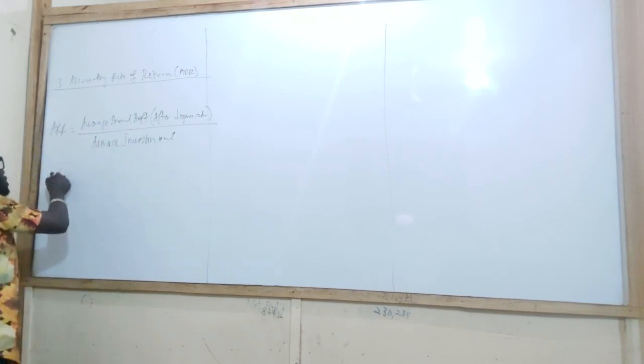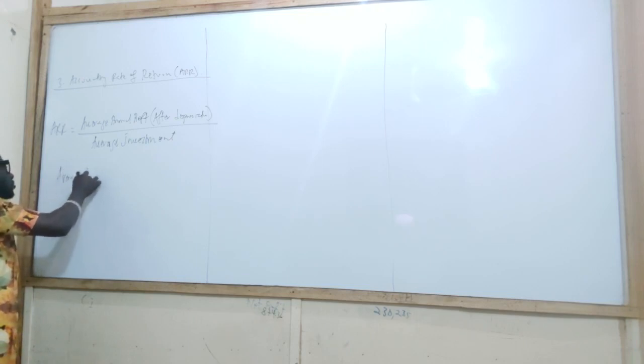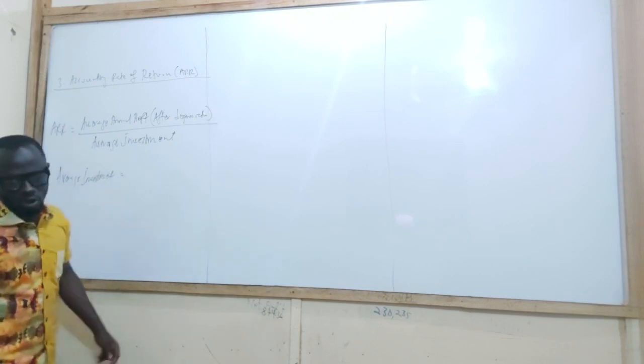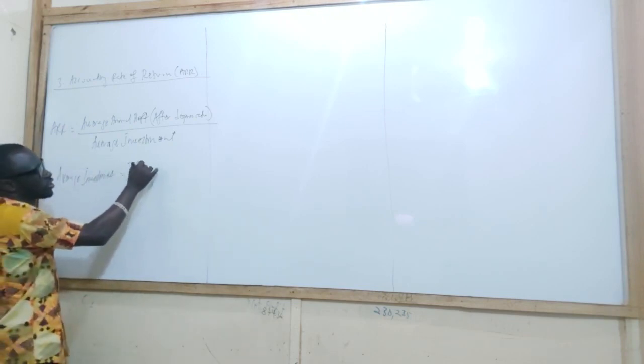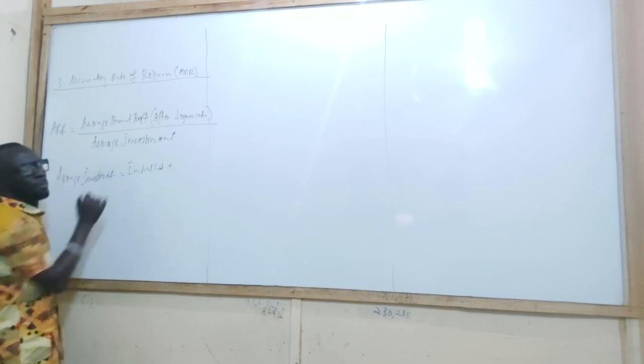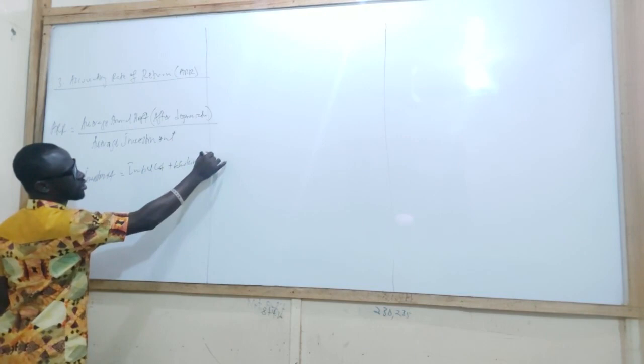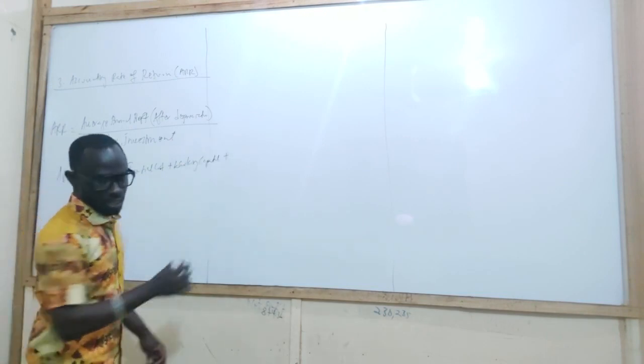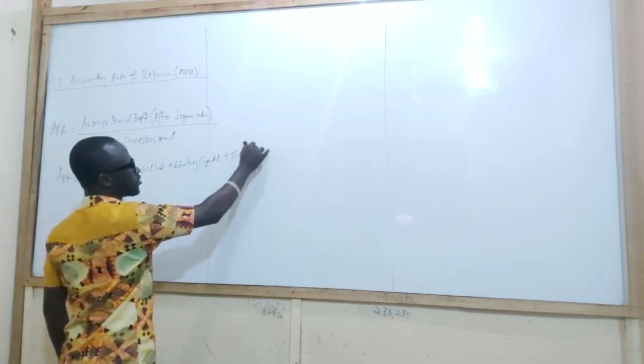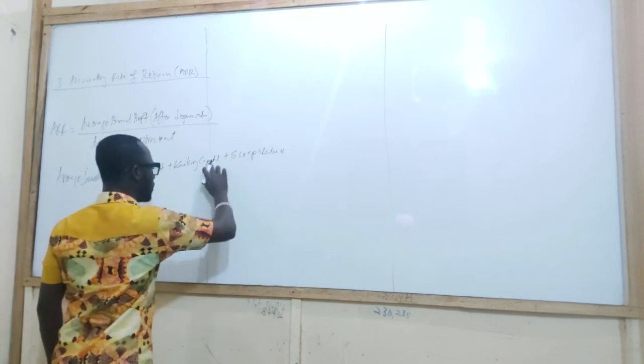But when we say average investment, that is AI. The average investment equals the initial cost plus any working capital plus the scrap value, divided by 2.